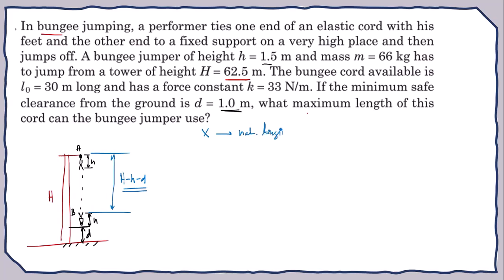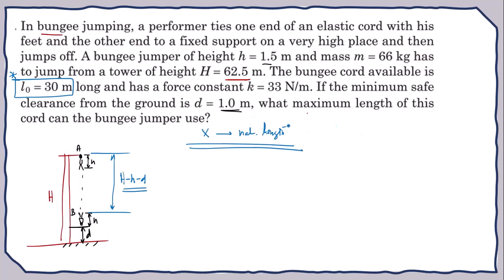Now, the total length of the string is given as L0, that is 30 meter. Some portion of the length is being used, which depends on the value of the natural length.